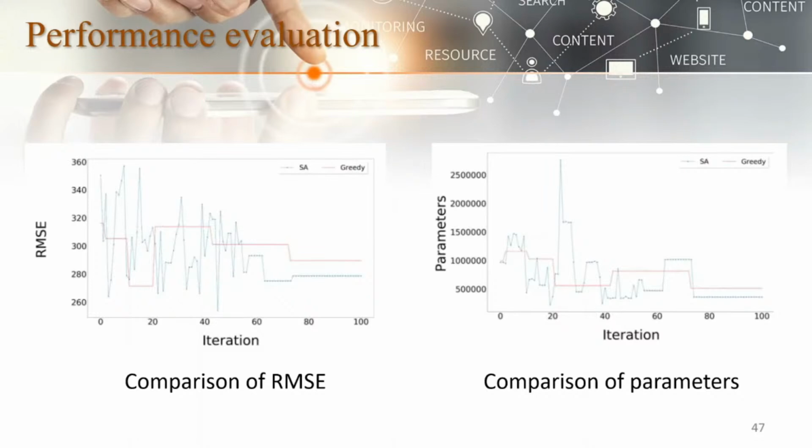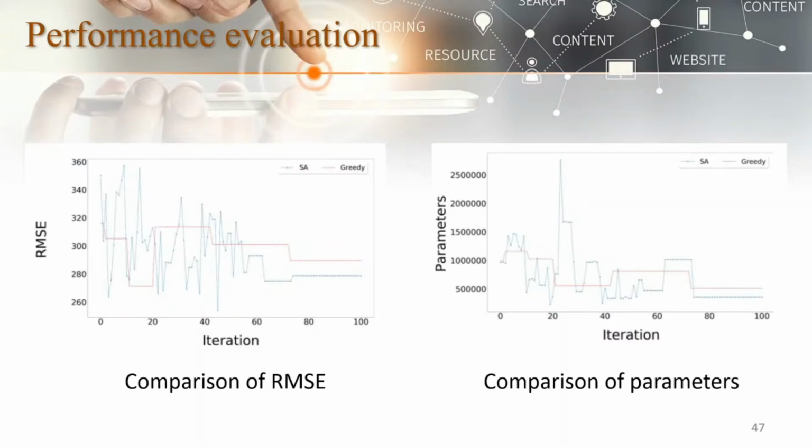The figures show the comparison of MSE and parameters. The red line is the greedy algorithm. The blue line is the simulated annealing algorithm.